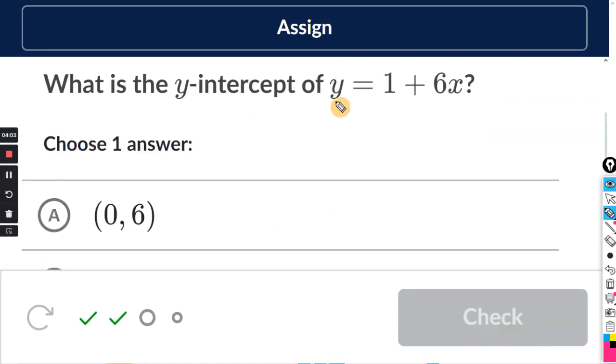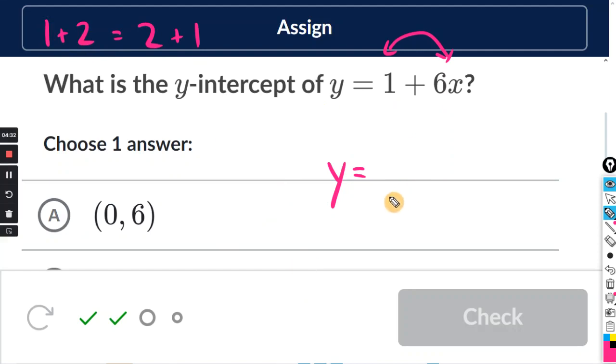What is the y-intercept of y equals 1 plus 6x? We do have y equals. And as far as mx plus b, all they did was reverse the mx and the b. All they did was switch it, which is fine because if you're adding numbers, the order doesn't matter. 1 plus 2 is going to be the same as 2 plus 1.